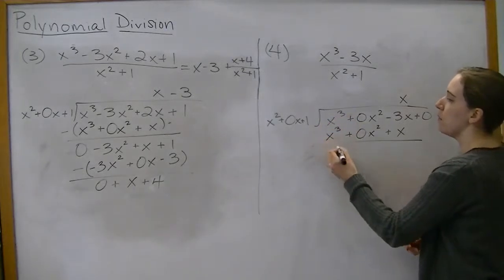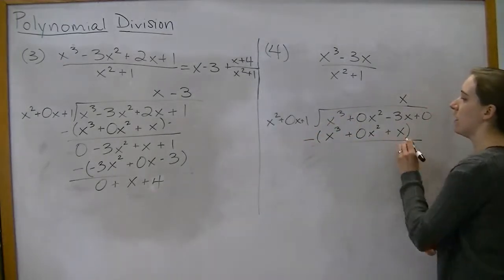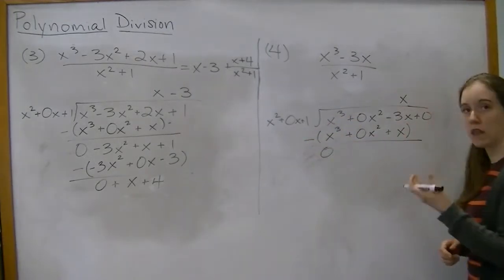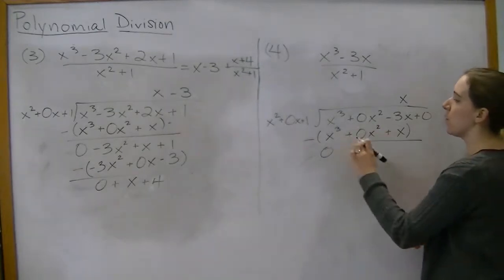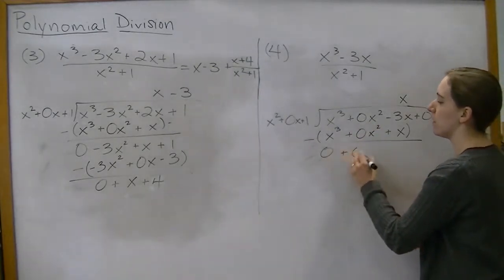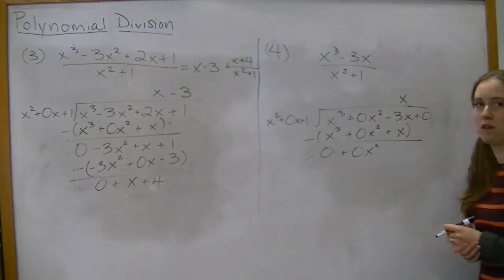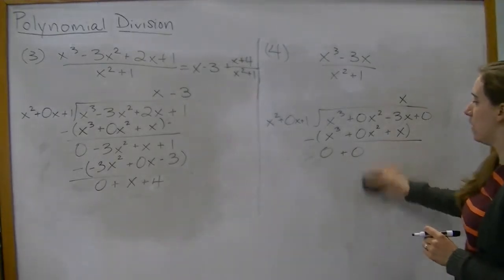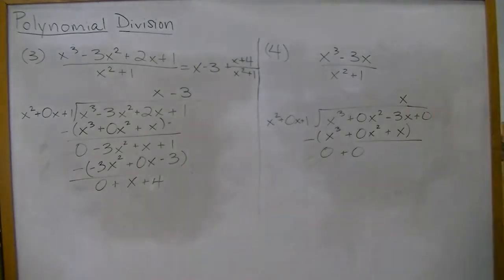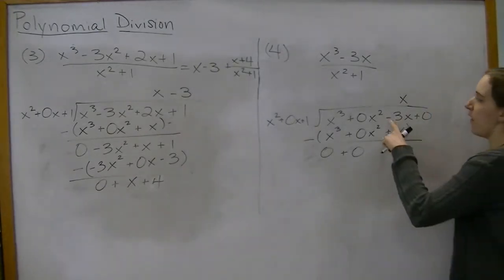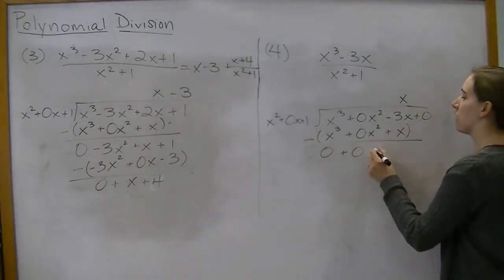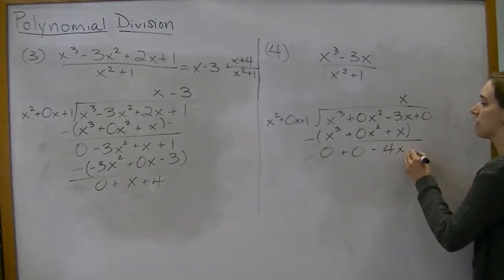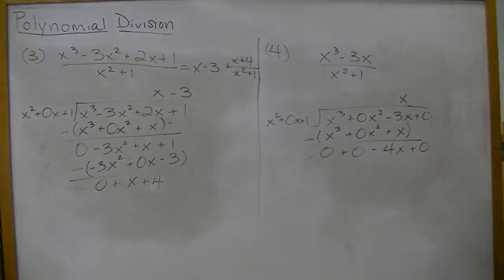So x cubed minus x cubed gives me 0, like I wanted. 0x squared minus 0x squared is going to stay as 0x squared. And we can actually just treat this like it's not even there. So our first term isn't even going to involve an x squared. And then we have minus 3x minus x will give us minus 4x. And I'll bring down my plus 0.